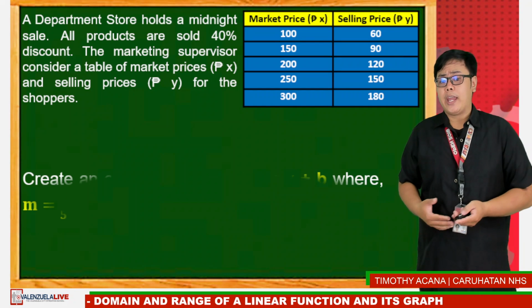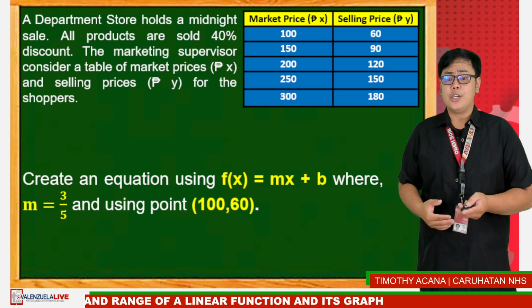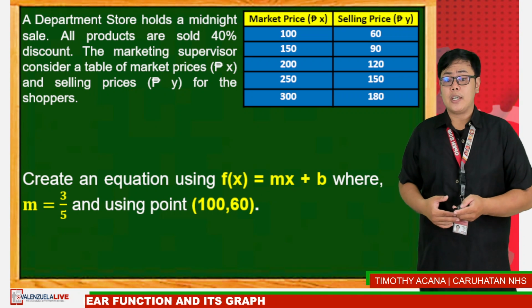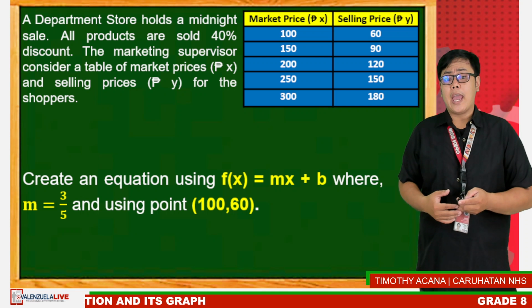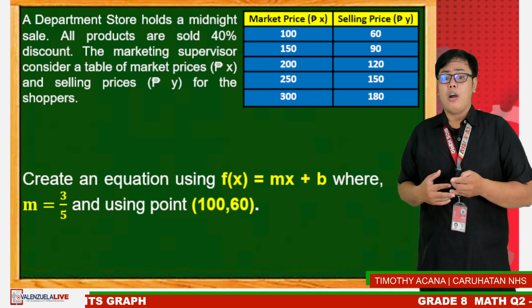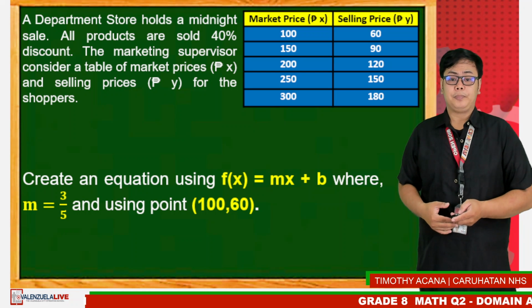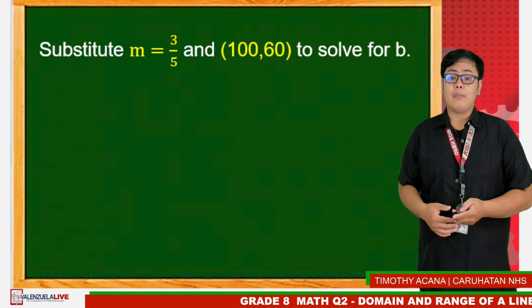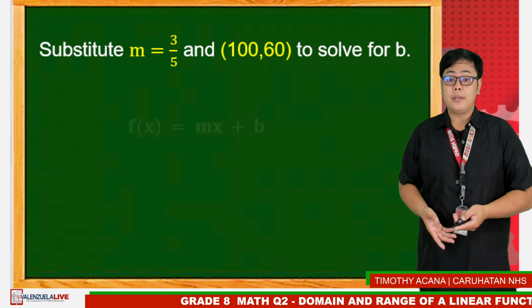Now, let us create an equation of the line using f(x) = mx + b, where m is equal to 3 over 5, and using the point (100, 60). Substitute m = 3/5 and (100, 60) to solve for b.